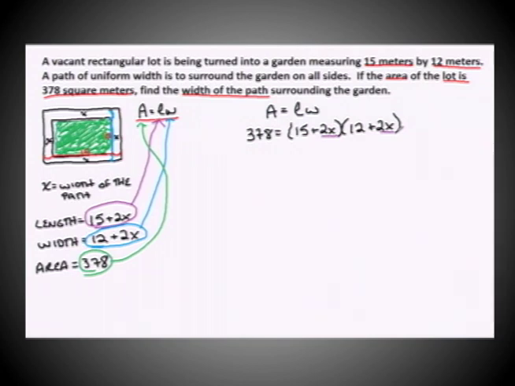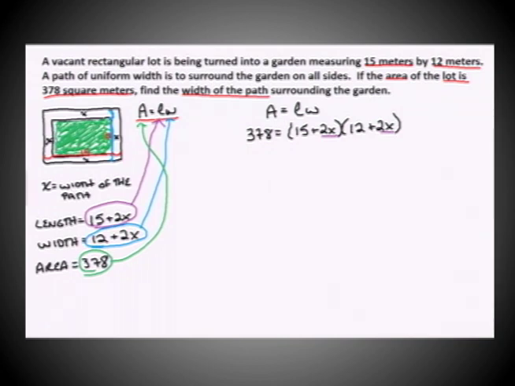So to solve this quadratic equation, we were shown in a last video that when you have something that looks factored on one side, but it's not equaling 0, you actually have to multiply that factored looking side out and then bring that 378 over by subtracting it to create your quadratic equation being equal to 0.